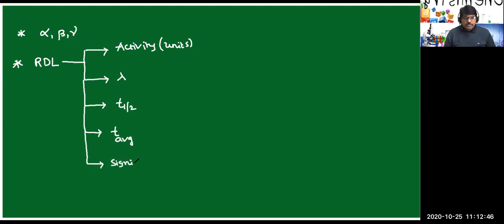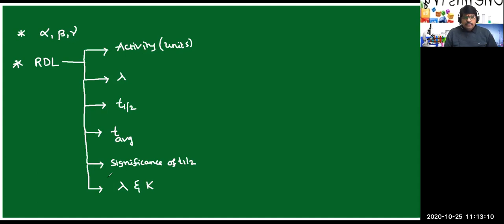That is the significance of T half, and also the differences between decay constant and rate constant. So decay constant is used for radioactive disintegration reactions, and K, that is the rate constant, is used for chemical reactions.